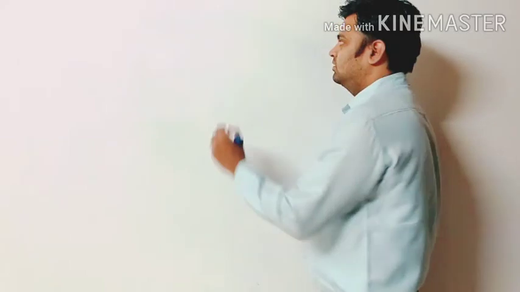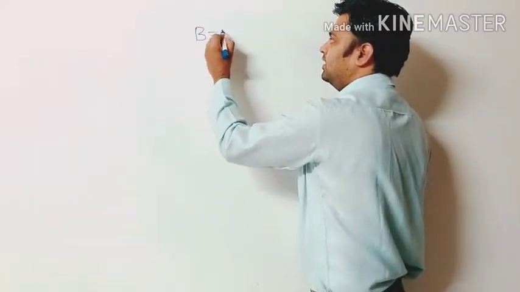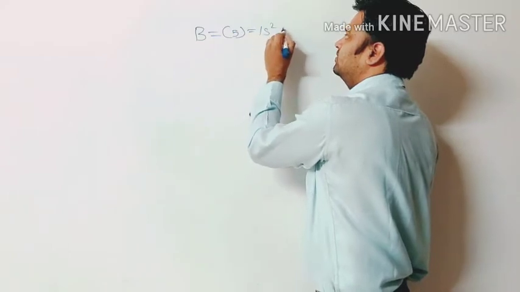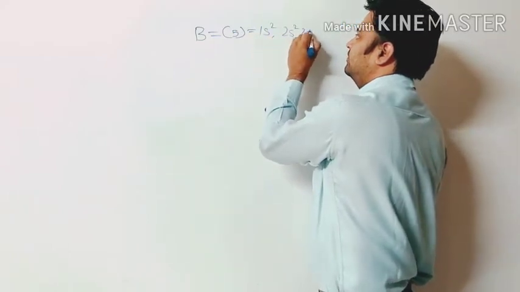Now secondly, in studying B2H6: boron has atomic number 5, 1s2, 2s2, 2p1.